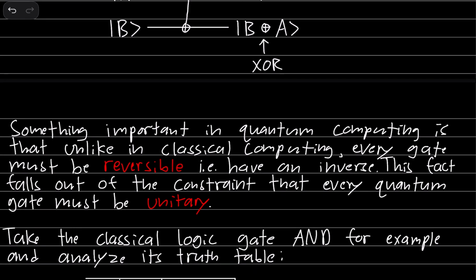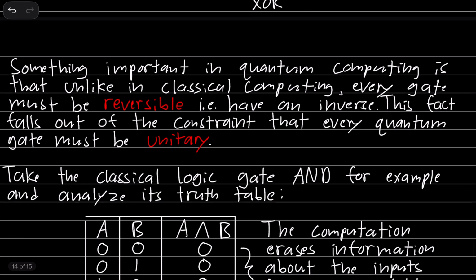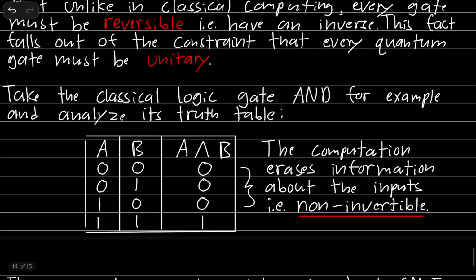And something important in quantum computing is that unlike in classical computing, every gate needs to be reversible. So every gate needs to have an inverse and be invertible. And this fact falls out of the constraint that every quantum gate has to be unitary. And this differs from classical computing, right? Because if we look at the classical logic gate, the AND gate, and look at its truth table, what do we see?